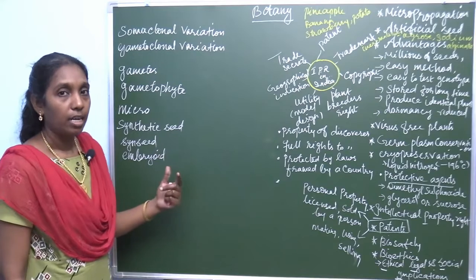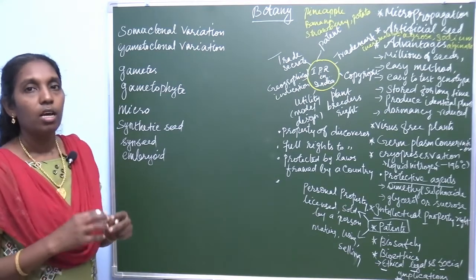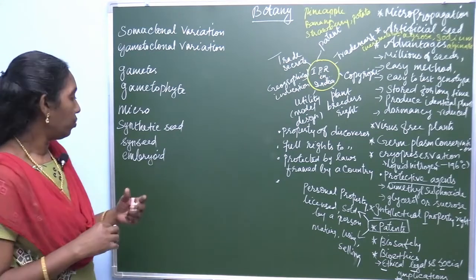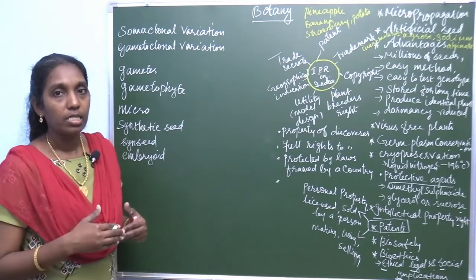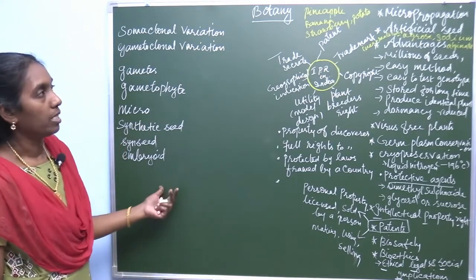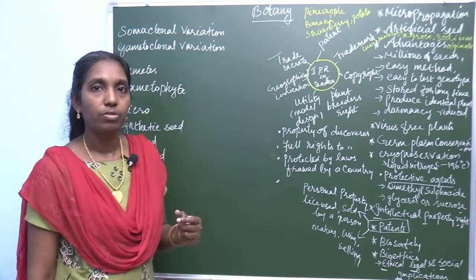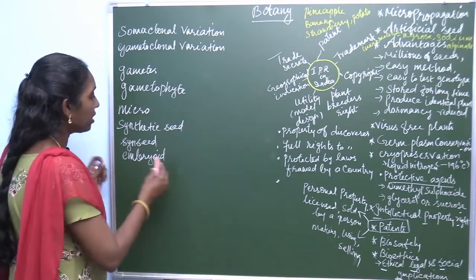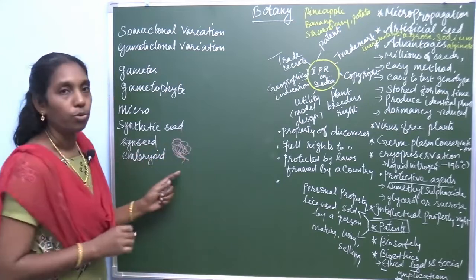First it forms a tissue, that is callus, a mass of tissue, and the other parts are developed from this. The callus is an undifferentiated mass of tissue.